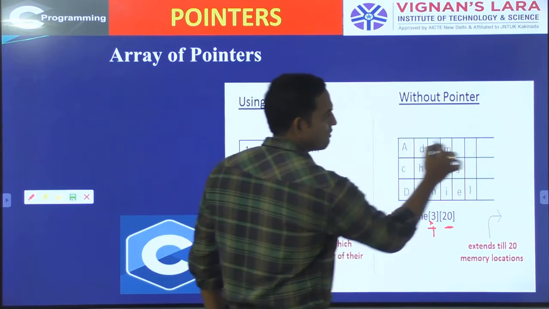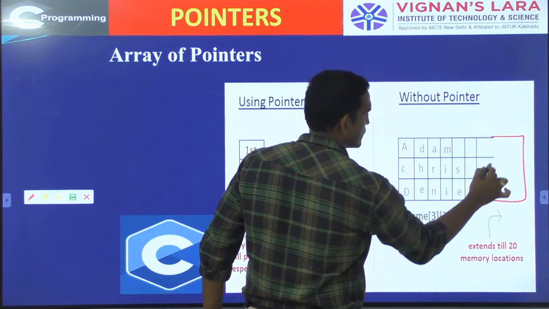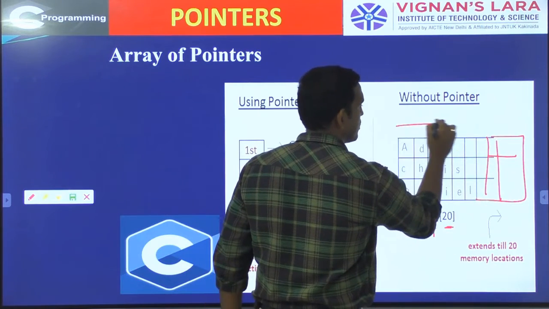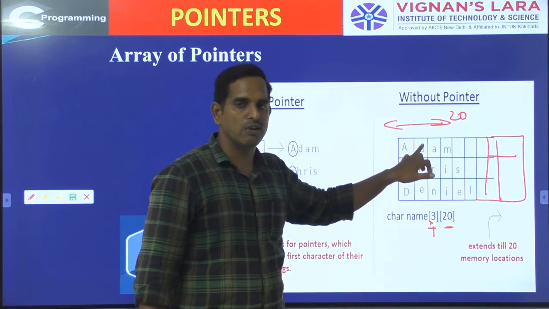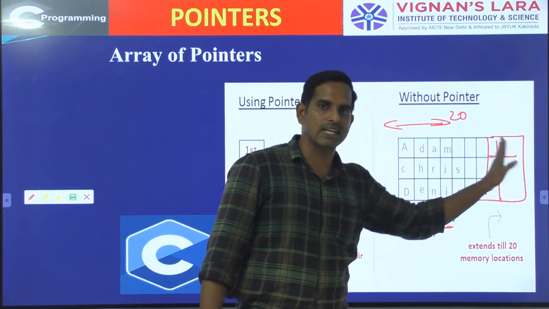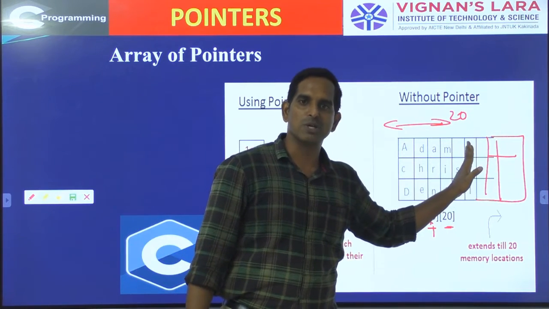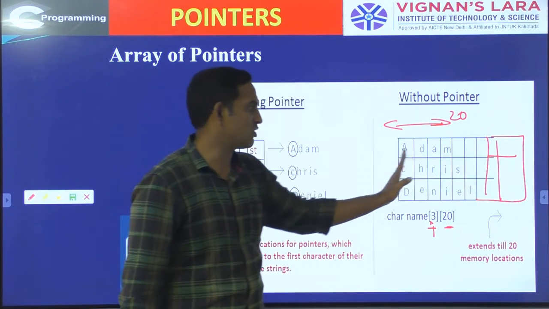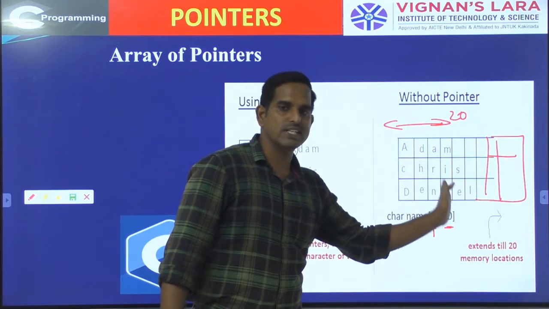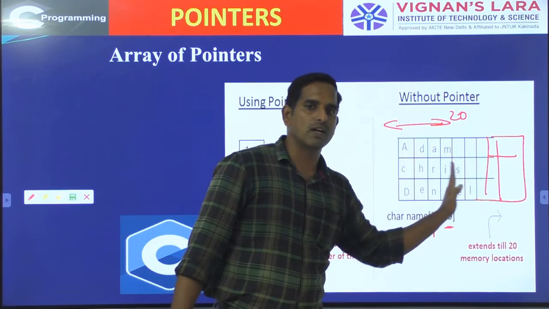So how will the memory be assigned? It will be assigned for 20 characters. Even though you are storing only 4 characters, the remaining 16 characters will be a waste of memory. For each and every string you try to store, there will be a large amount of wasted memory.